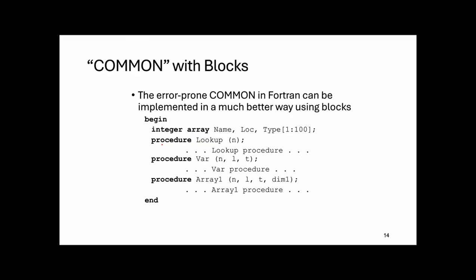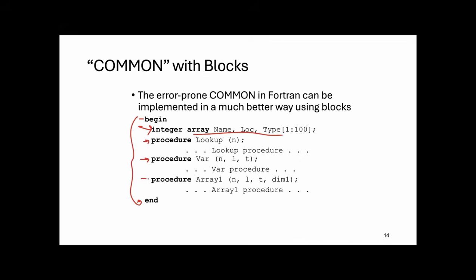So we know that the common blocks, if we want to share variables between different functions in Fortran, create a lot of errors, right? We know that. And the blocks option in Algol that was created provided a better way. So to understand that, we have here a block where we start with begin and end. We declare an array here, inside our bigger block, you can see, and then we have our different procedures.